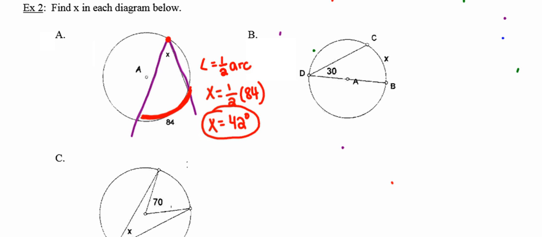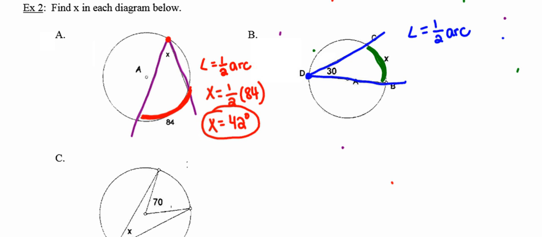All right, let's go ahead and take a look at another one. In letter B, again, I'm going to take a look at the angle. The angle that I've got here, again, has its vertex on the circle. And the rule for when that vertex is on the circle is that the degree measure of the angle is equal to 1/2 the degree measure of the arc. So now I need to go look for the arc that angle intersects.